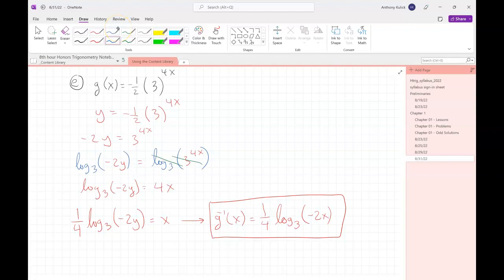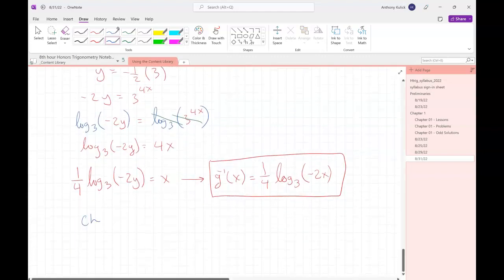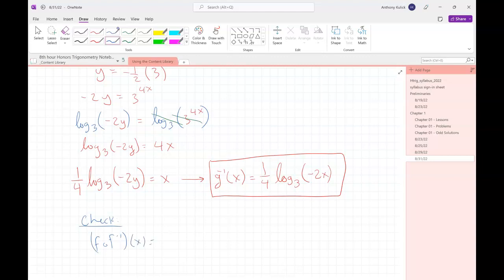Do you want to check this one just so we can see the logs and exponents kind of interacting again? That's probably worth doing, right? This is good algebra review. Yes? And we're just going to go one direction also. Well, this one might be a good one to do both directions, actually.